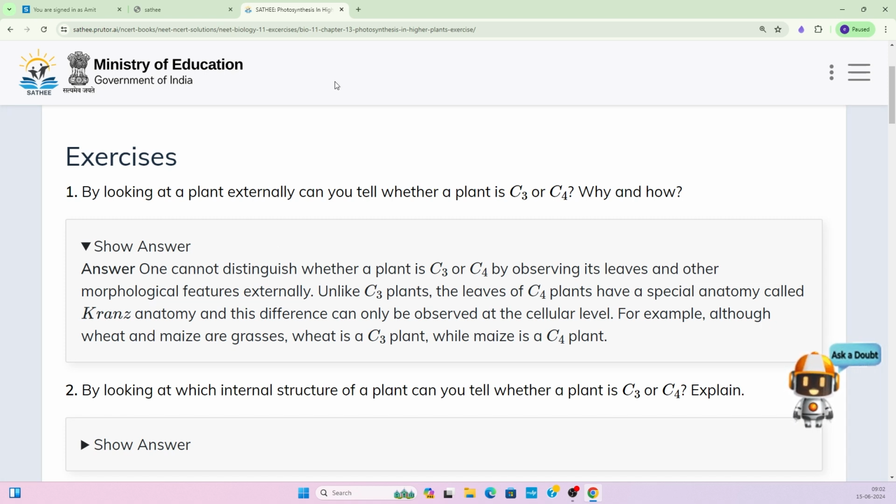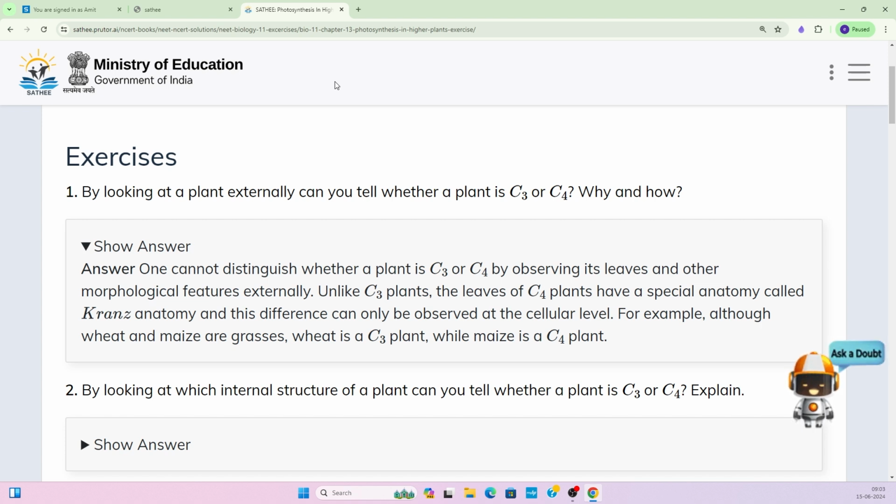Unlike C3 plants, the leaves of C4 plants have a special anatomy called Kranz anatomy, and this difference can only be observed at the cellular level. In C3 plants, we do not have any such type of anatomy, right?